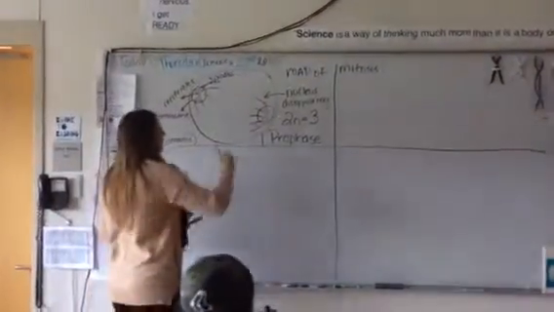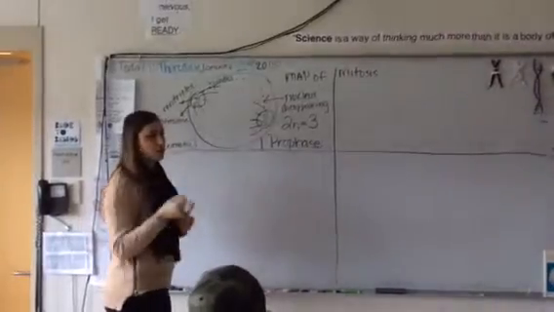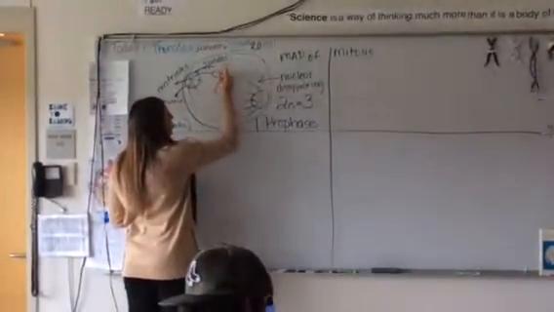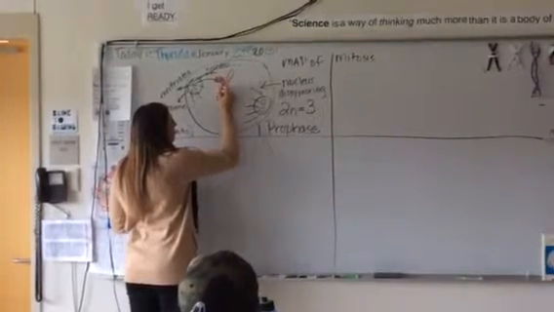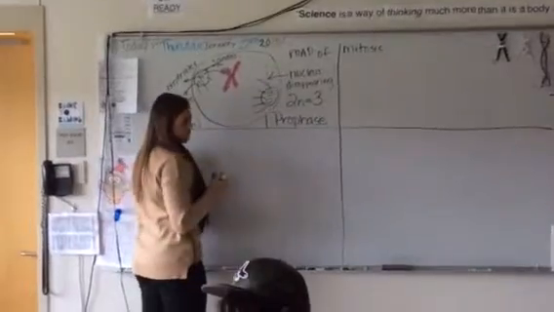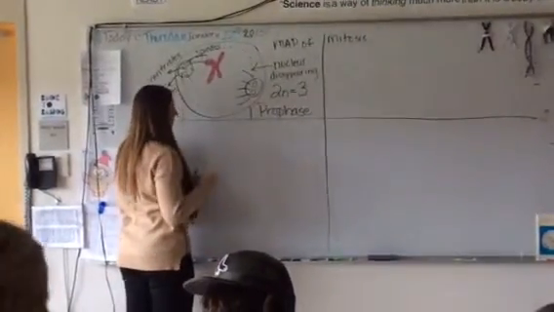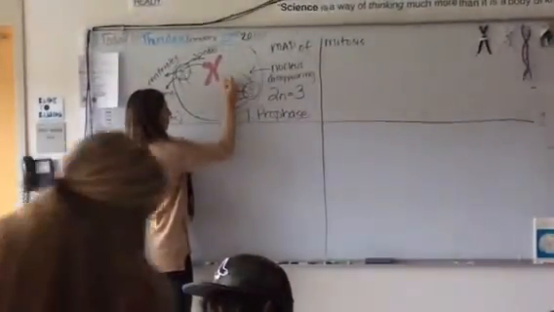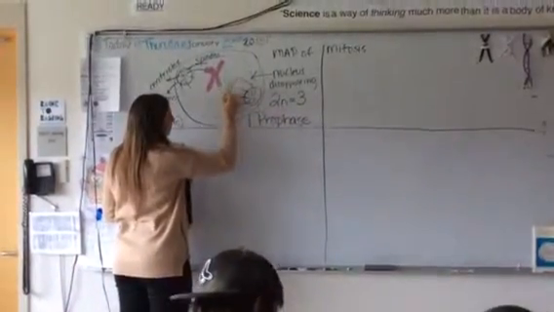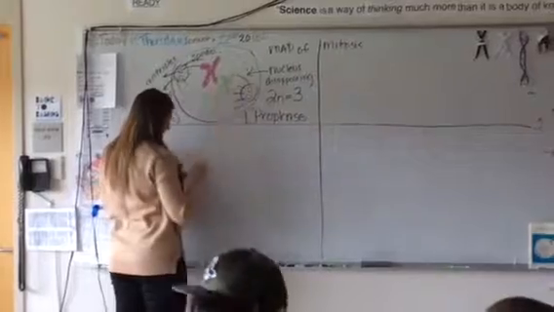So in the center part, you're going to use each of the colors to draw a chromosome. We're going to draw them in the sister chromatid form. You can just draw X's if you want. X's are totally acceptable. So they're just starting to condense.